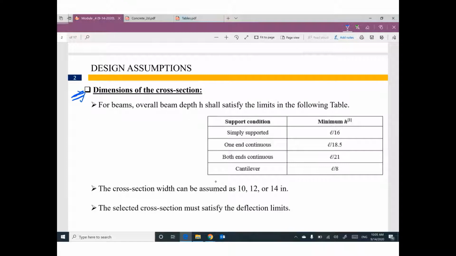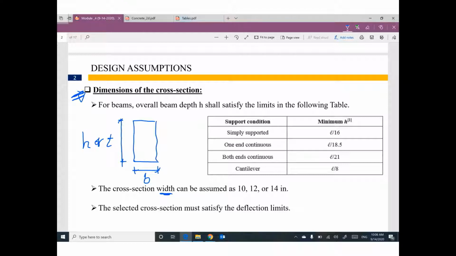We have cross section, we have width B, and we have total or overall depth, which is called T, or sometimes H, the overall depth. By the way, the cross-section width, go ahead and assume as you like.